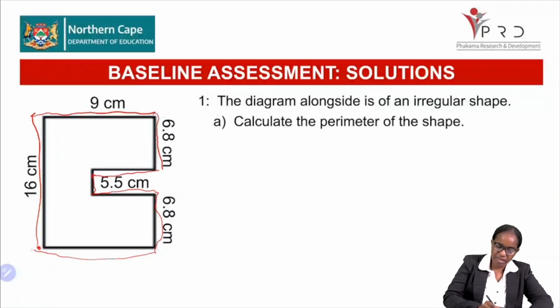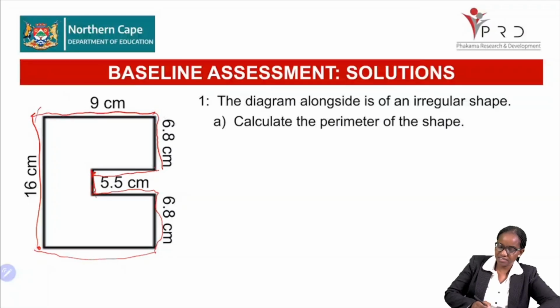Right. We have 16, we have 9, we have 6,8, we have 5,5. So for us to obtain this part here, since we have 6,8 from here to there and 6,8 from there to there, and we know that from here to here it's 16.